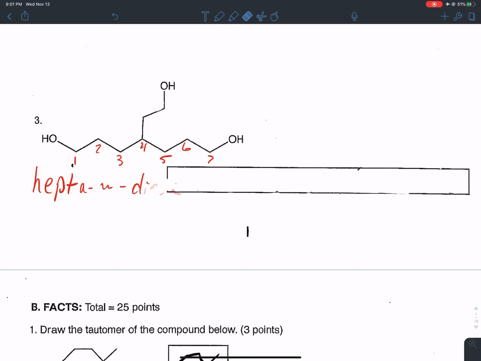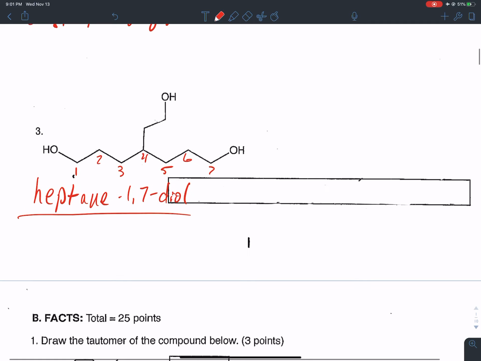So this is just specific for diols. So we're going to have a heptane 1,7 diol. I like them at the end. You can do either way. So alternatively, you could say 1,7-heptane diol. I like the first way. So that is our parent, 1,7-diol.